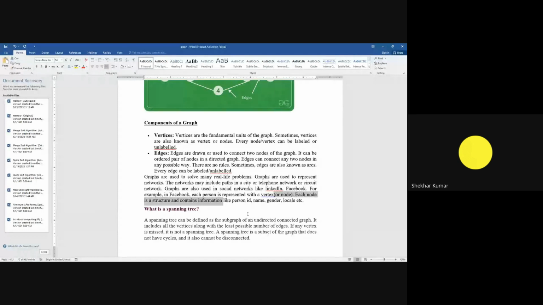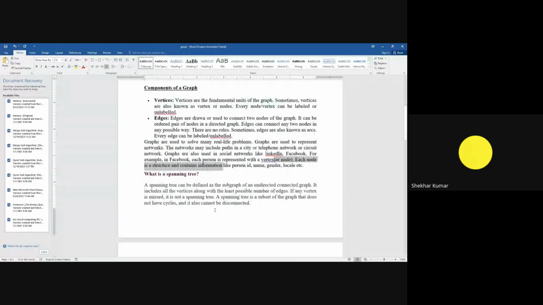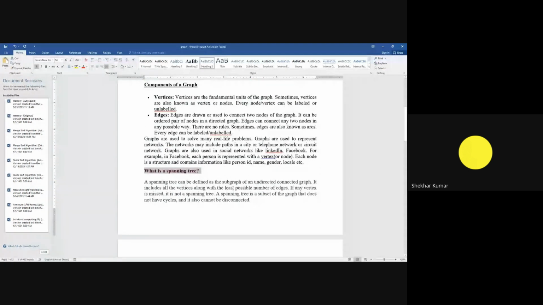Now the important thing, which is the spanning tree. That is important for your syllabus, because we will discuss the spanning tree in all the algorithms. Okay, what is a spanning tree? A spanning tree is a subgraph of an undirected connected graph which covers all vertices.